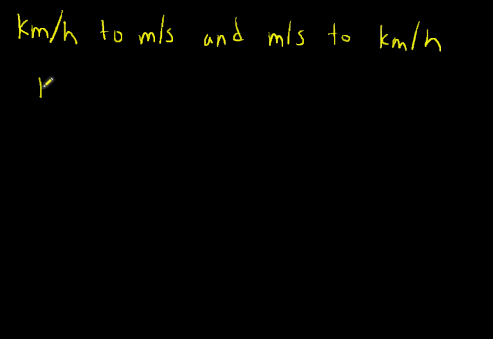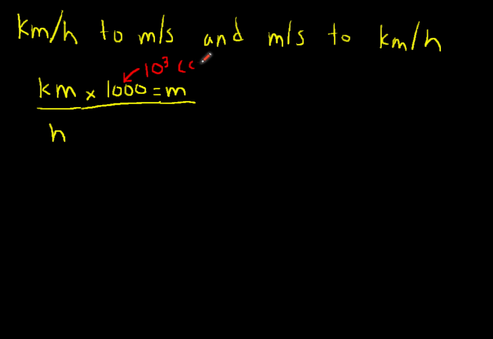You also need to be able to convert from kilometers per hour to meters per second, and meters per second to kilometers per hour, to show the different kinds of speeds we use. Kilometers per hour can be converted like this. Kilometers times 1,000, and remember 1,000 is the conversion factor for a meter to kilometer, which is 10 to the 3.